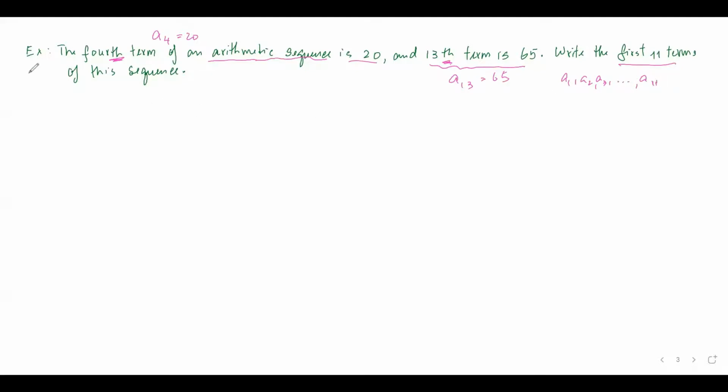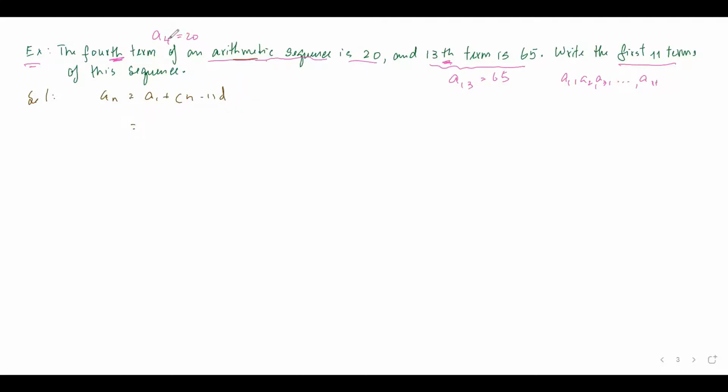Okay, in this one we have to use the formula again, because we know this is an arithmetic sequence. Solution: the formula is An equals A1 plus (n minus 1) times D. Now you replace it in.